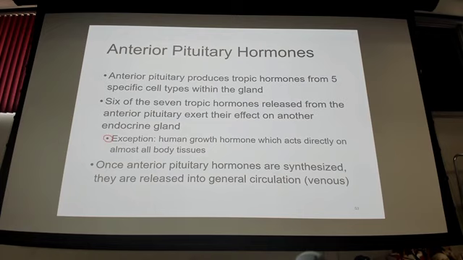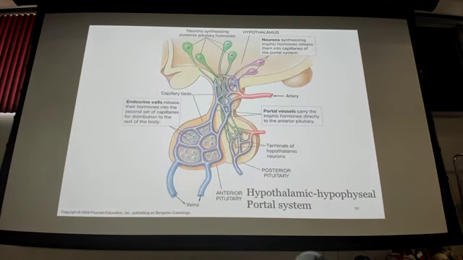Fair enough? All right. And again, how do they get out? Venous circulation, hypophyseal vein. These guys right here take the stuff that the anterior pituitary makes and send it out. Okay? Where? To the superior vena cava, to the right atrium, to the right ventricle, so on and so forth. Right? Yes. Here we go.